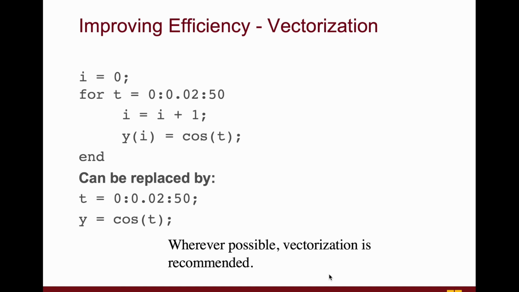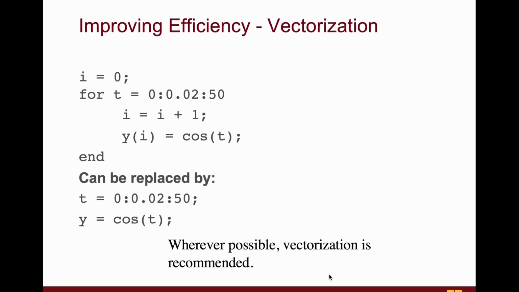And y_i, the ith element in vector y, will be equal to cosine t. So for each small t change, we have a new y element added to the vector y. In fact, this will return a y vector of cosine t.